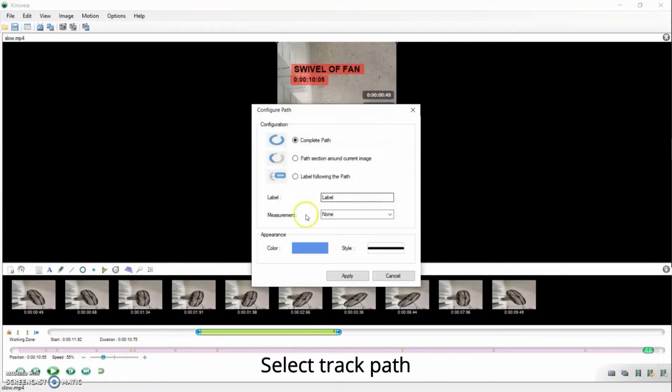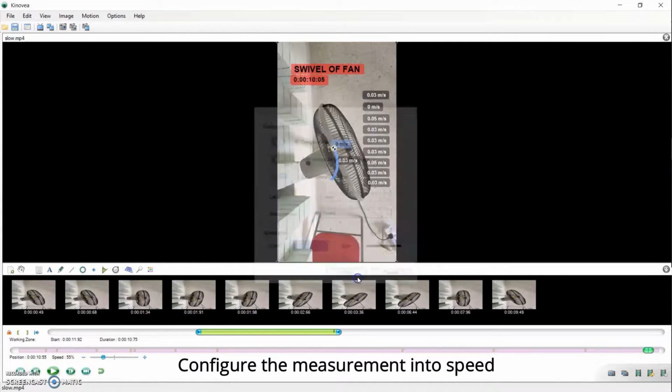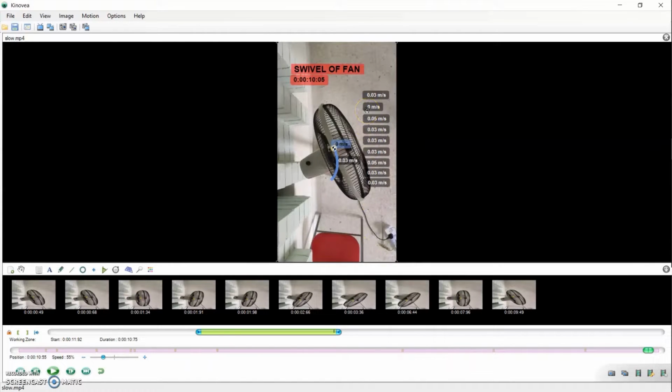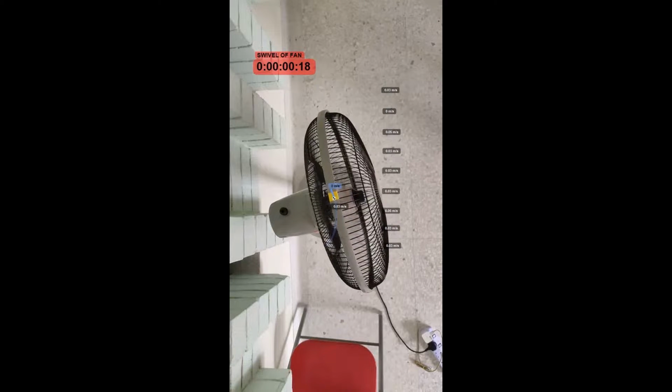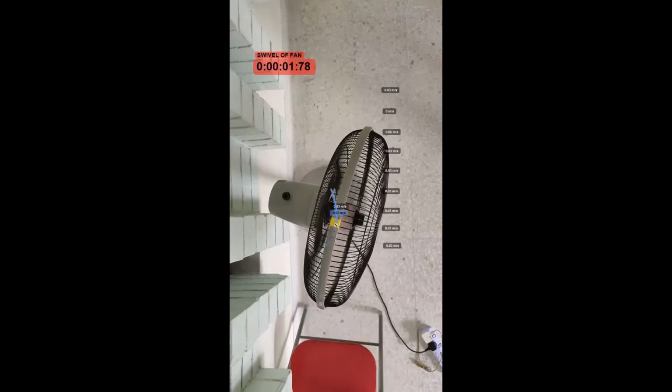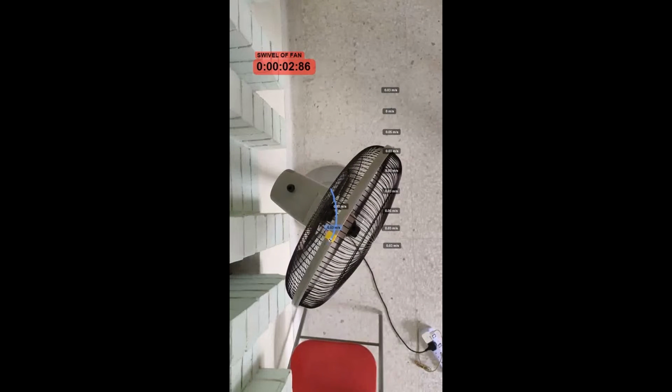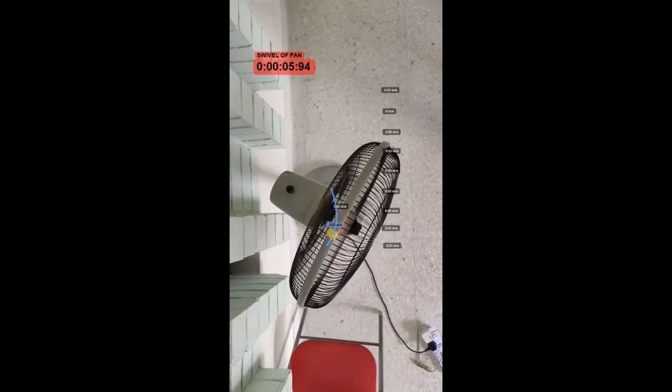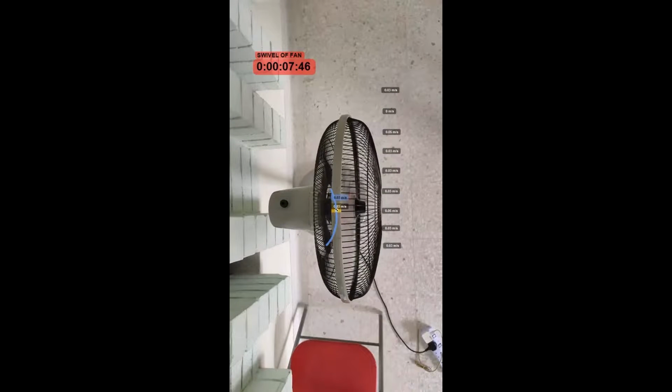Select the track path and configure the measurement into speed. Now we can see the motion of one complete revolution labeled in meter per second. Then repeat the same procedure for the highest speed.